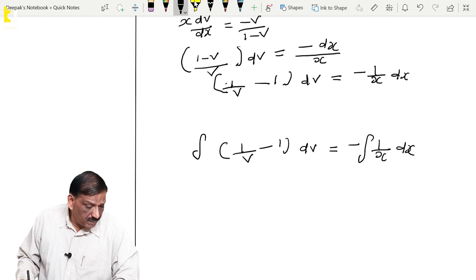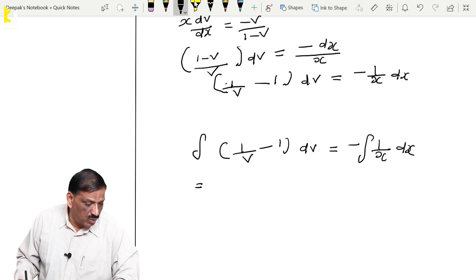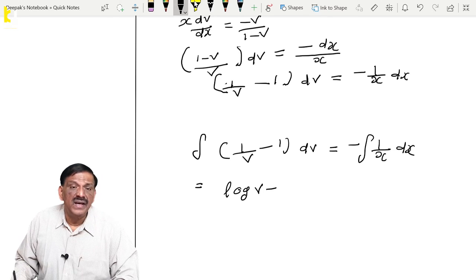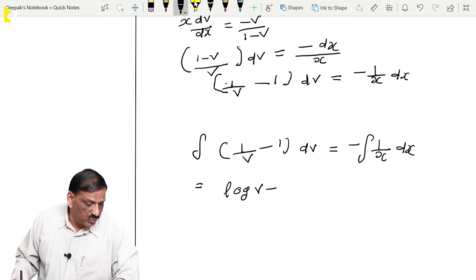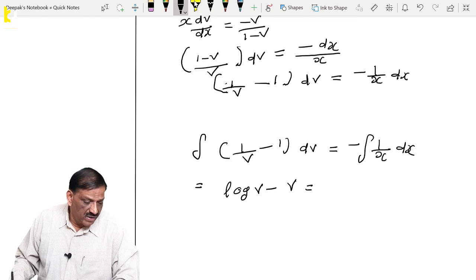We know integral 1 by v dv is equal to log v. That is equal to log v minus integral 1 dv is equal to v, equal minus integral 1 by x dx. Integral 1 by x dx equal to log x. Therefore, this is equal to minus log x.